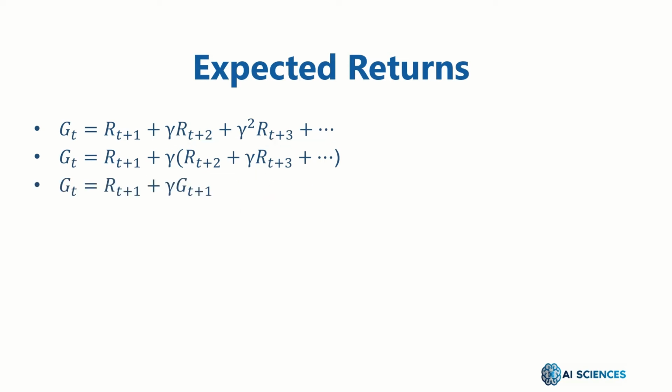So one can easily write G_t, the return at time t, as the immediate reward plus the discount factor times the return at the next state. And obviously that return carries the information of all the rewards that are coming in the future.